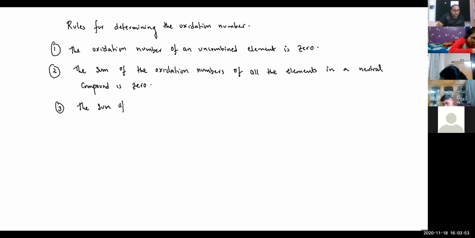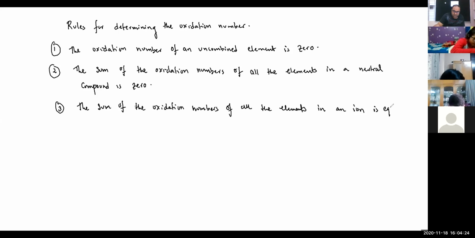The sum of the oxidation numbers of all the elements in an ion is equal to the charge on the ion.